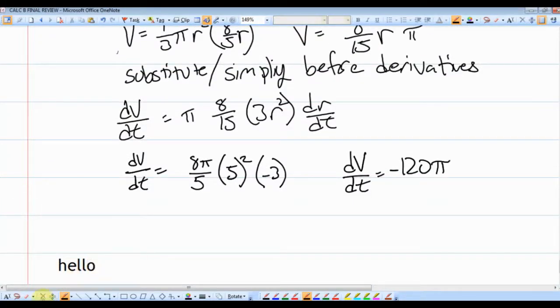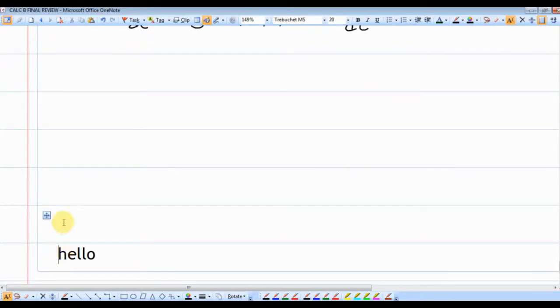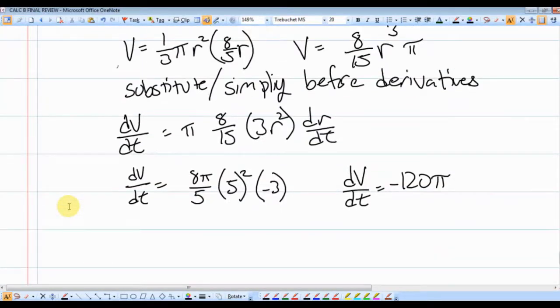I really should mention this, because I made this point about substituting, and I don't want you to have any confusion about it. When I say substitute, do not substitute values.